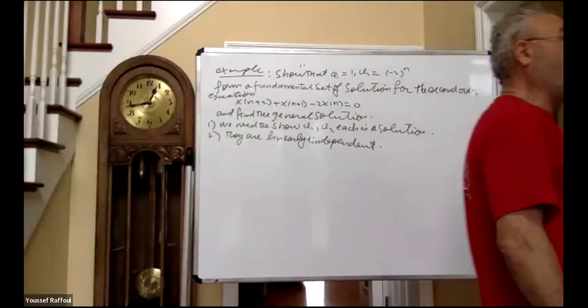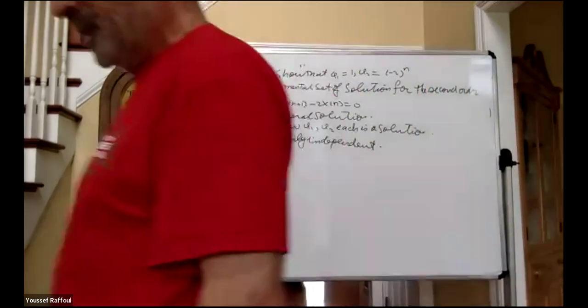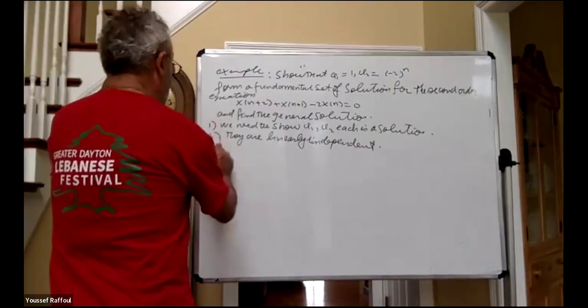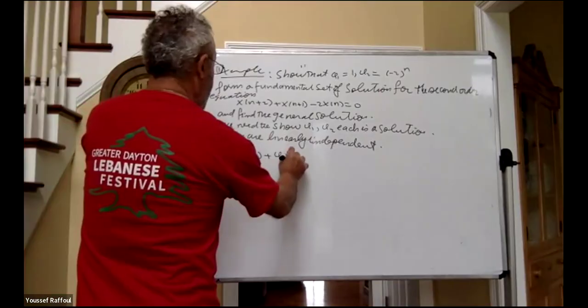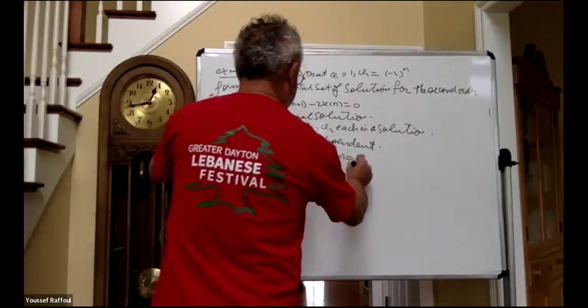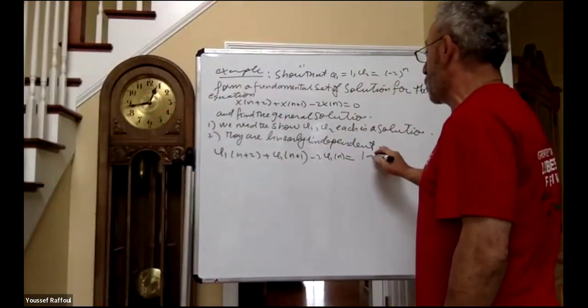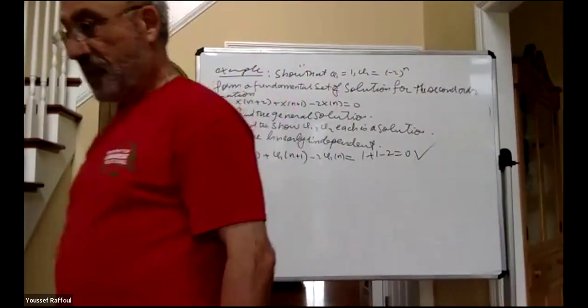And then we can write down the general solution or fundamental solution. Okay? Well, so that is phi 1 of n plus 2 plus phi 1 of n plus 1 minus 2 phi 1 of n. Well, phi 1 of n is 1. So that is 1 plus 1 minus 2, that is 0. There we go. That is good, right?